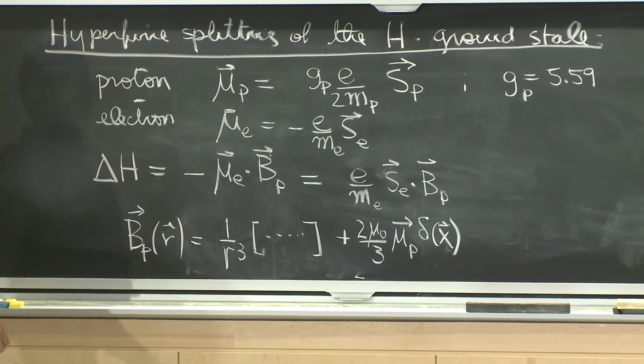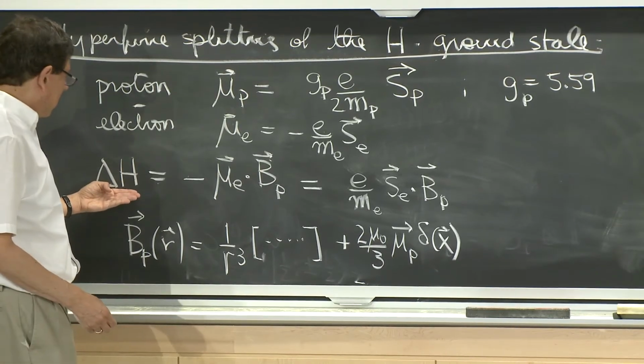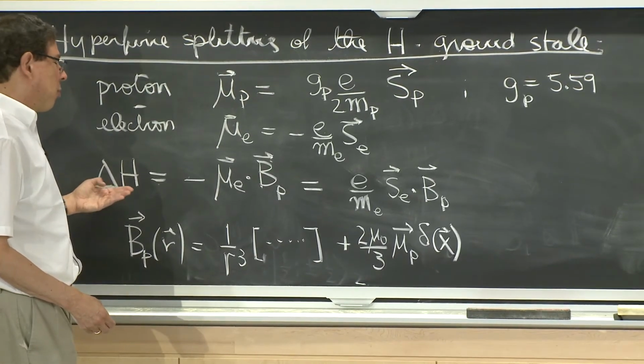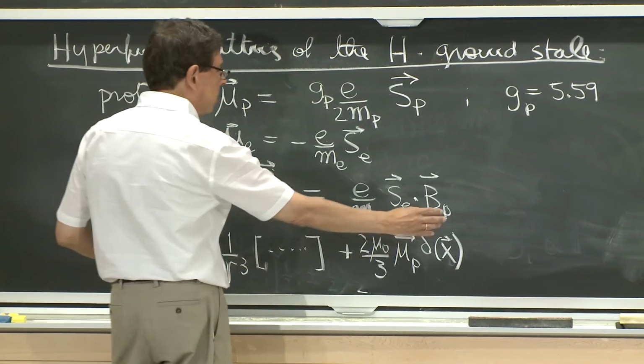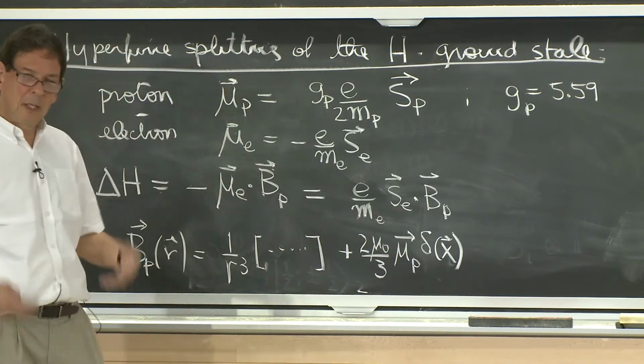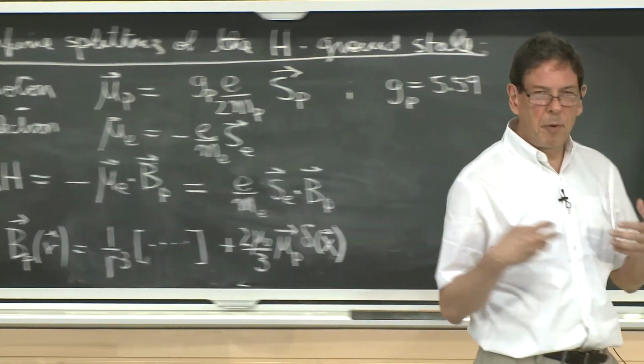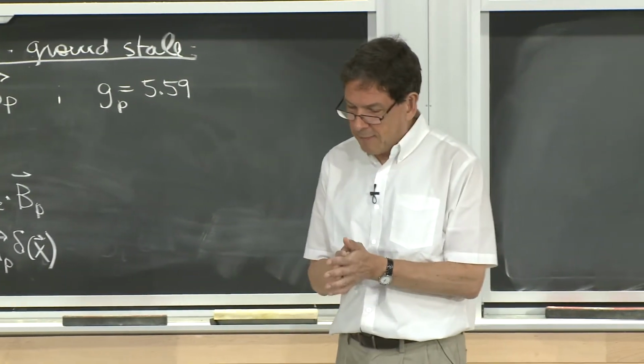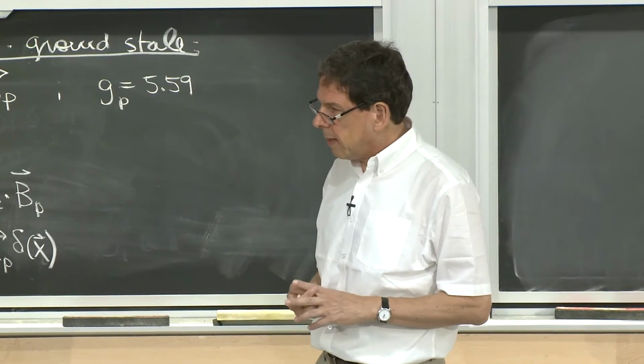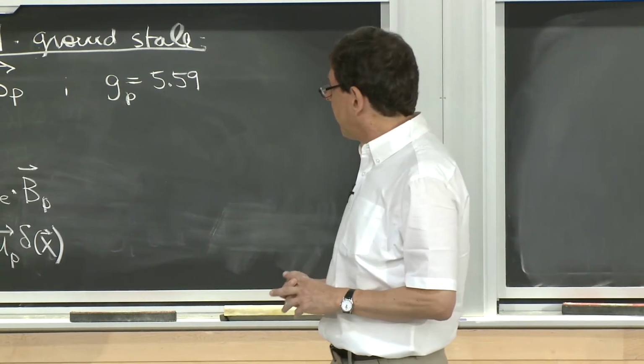Now, you would say, if I have this Hamiltonian, I have to evaluate this with all this magnetic field. And what am I supposed really to do? Now, we talked about perturbation theory and the Feynman-Hellmann theorem.